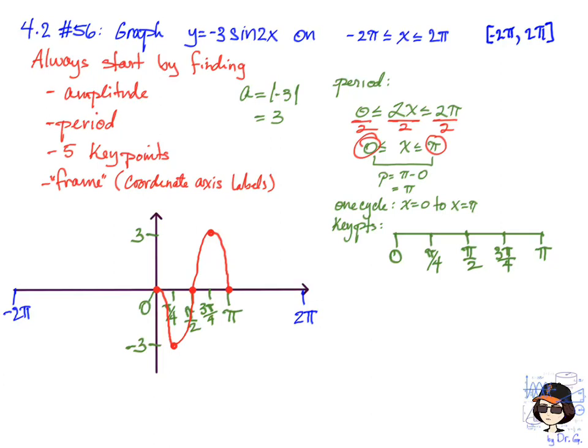And finally, a lot of people on the homework just graphed one cycle correctly, but they didn't extend it. So now we need to get this graph from negative 2 pi all the way up to positive 2 pi. So all we have to do is repeat this cycle 3 more times. So you can put a couple points on the x-axis, divide up. I don't need to write what all these points are.